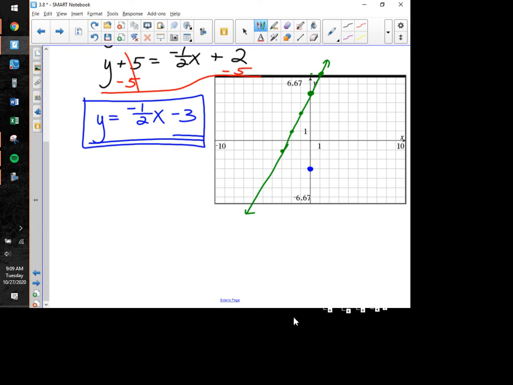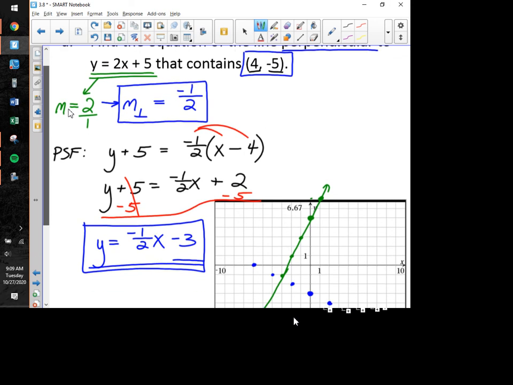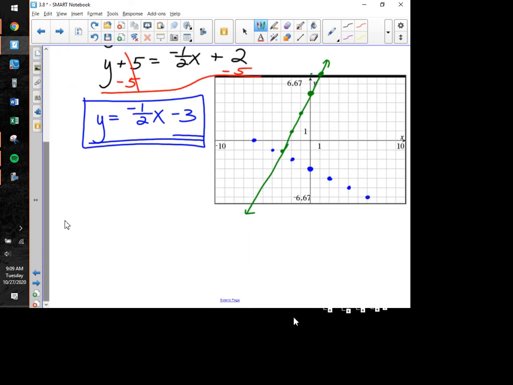And our slope now is negative 1/2, which means I'm going to go down 1, right 2, down 1, right 2, or reverse course here, and go up 1, left 2, up 1, left 2. Now I could do this as long as I needed to, everybody, but I think I've got the information that I actually needed. So let me go ahead and connect those blue collinear points. And there's the line that we came up with.